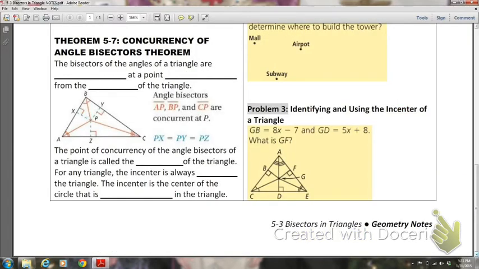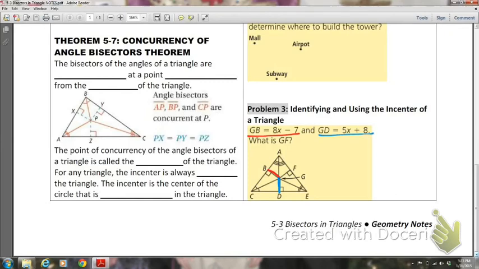In problem 3, we're going to identify and use the incenter of a triangle. That's the point where all of the angle bisectors meet. Here it says GB is 8x minus 7, and GD is 5x plus 8.